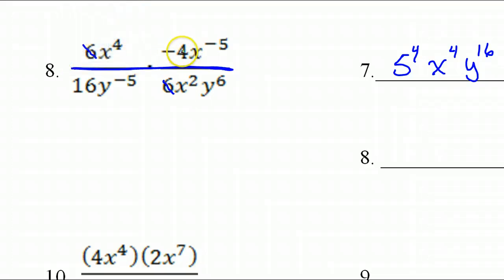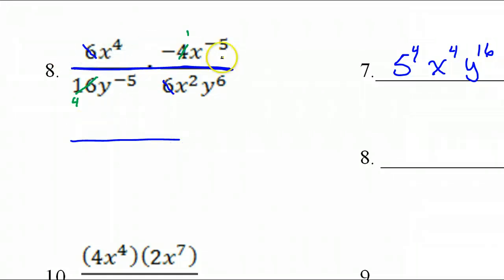Okay, I have 4 in the top and 16 in the bottom. 4 goes into itself once, 4 goes into 16 4 times. Notice it's a negative 1. Don't forget the negative. So that's it for the numbers. I really recommend you do that ahead of time.